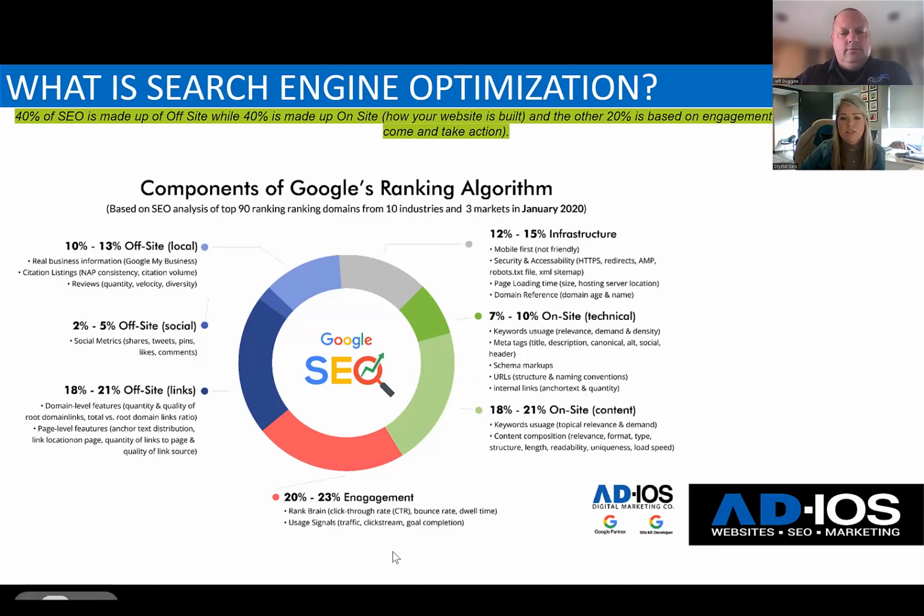Think of it as the organic traffic coming to you. And once you get on that first page, as long as you continue to update your website and keep things current, you're really not going to lose that unless your competitor does better than you.